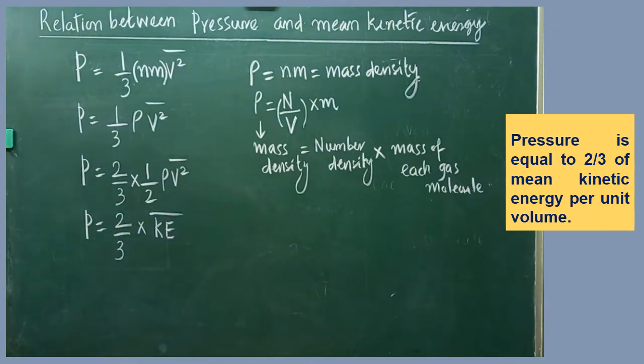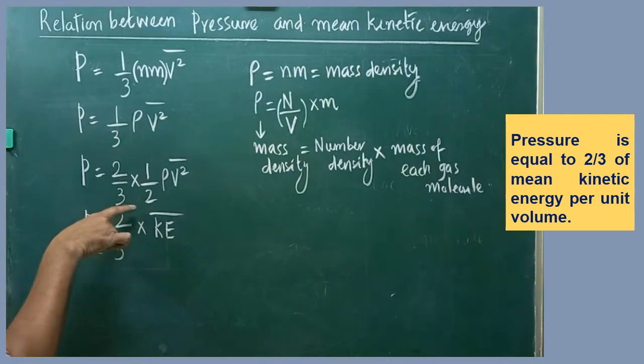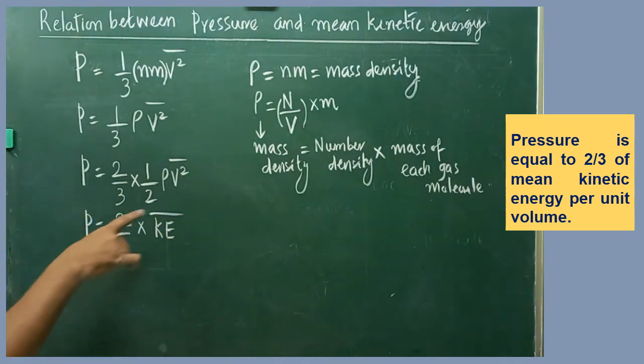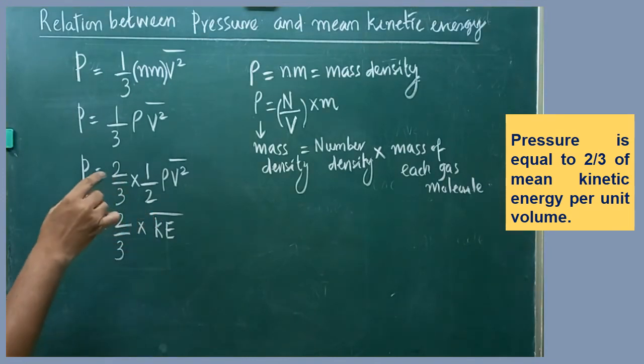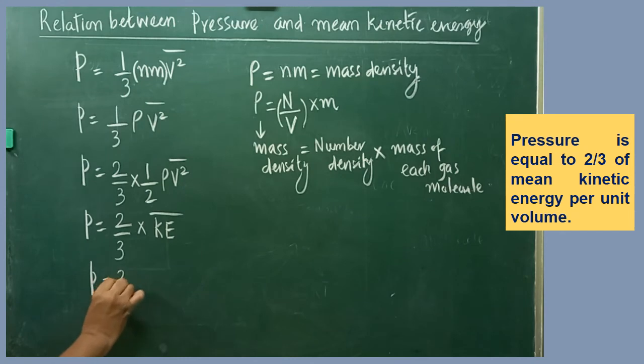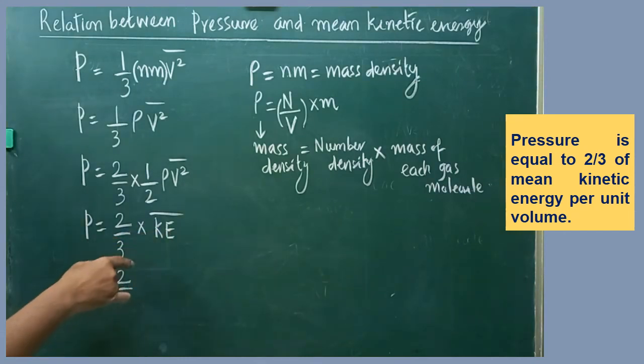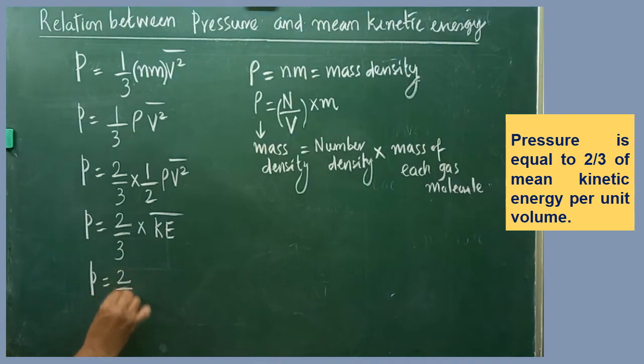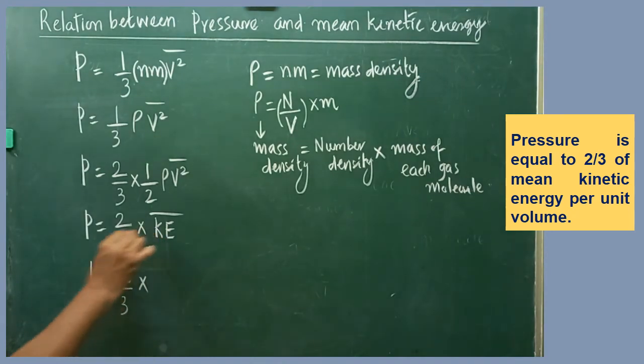KE bar. Whenever you write a bar at the top, that shows the average value. That bar indirectly tells you the meaning of average. So what is pressure? Pressure can be measured in terms of average kinetic energy per unit volume. Pressure is equal to 2/3 of what?